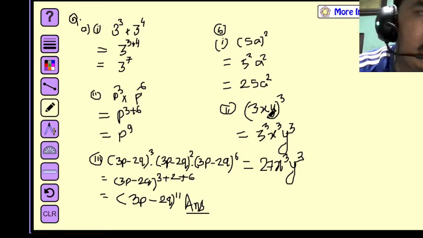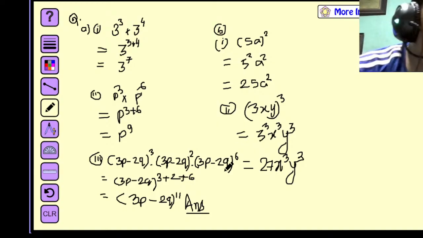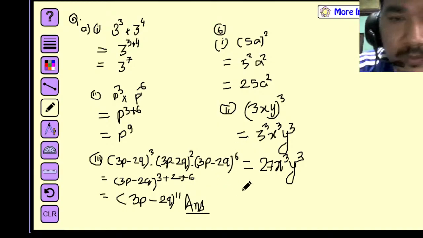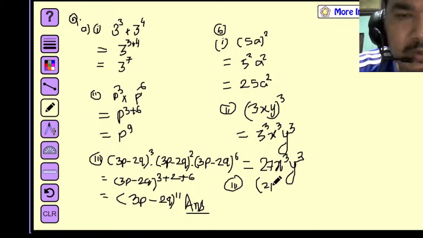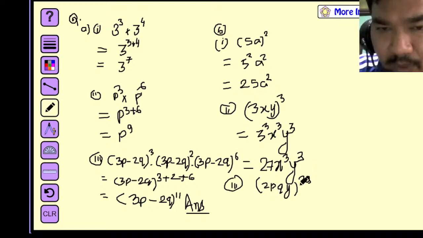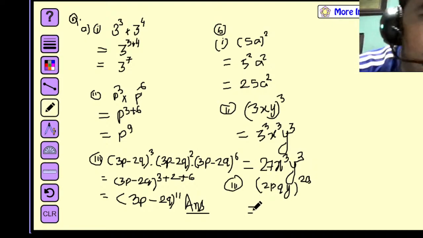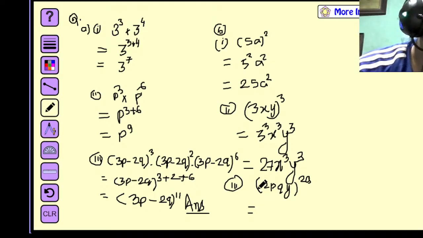And look, children, this may be asked as a question like this also. In such condition, what will you do? Look, there is given a bracket with whole 2pqy, and its whole power is given, suppose 2a. That is the power of 2a.